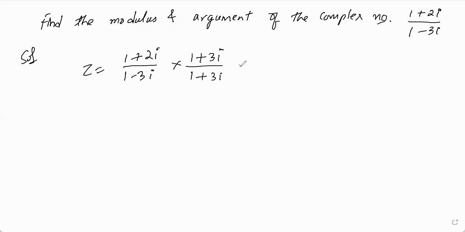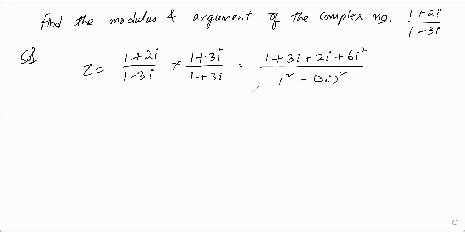After multiplying, you get 1 plus 3i plus 2i plus 6i square, and in the denominator it is a square minus b square.